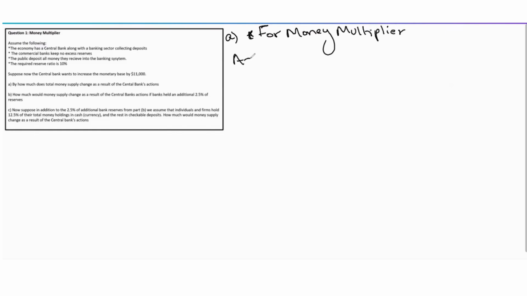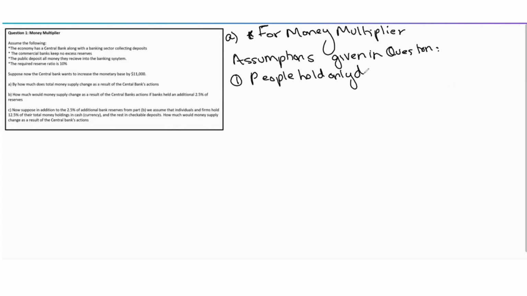Now, the assumptions given in the question are: the first is people hold only deposits, so they keep all their money in the form of deposits. This means c, the fraction of your total money demand kept in the form of currency, is 0.